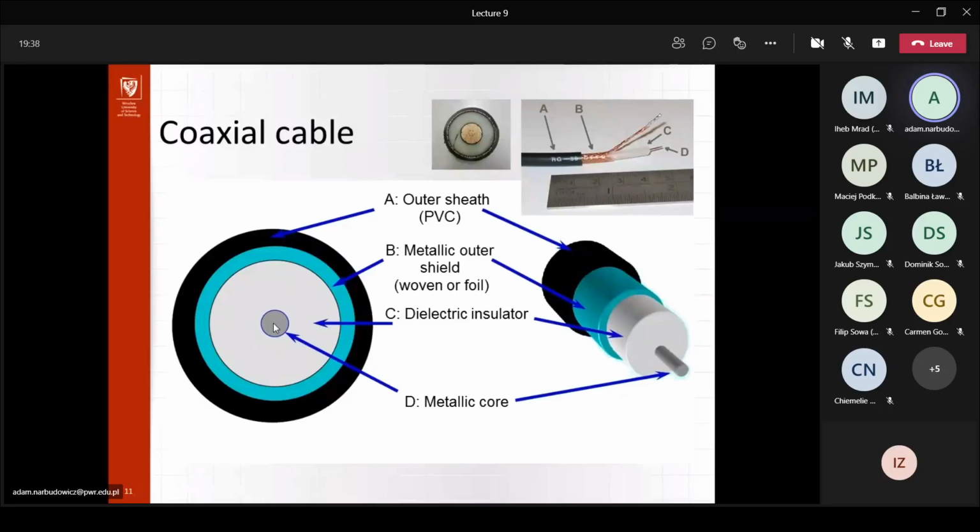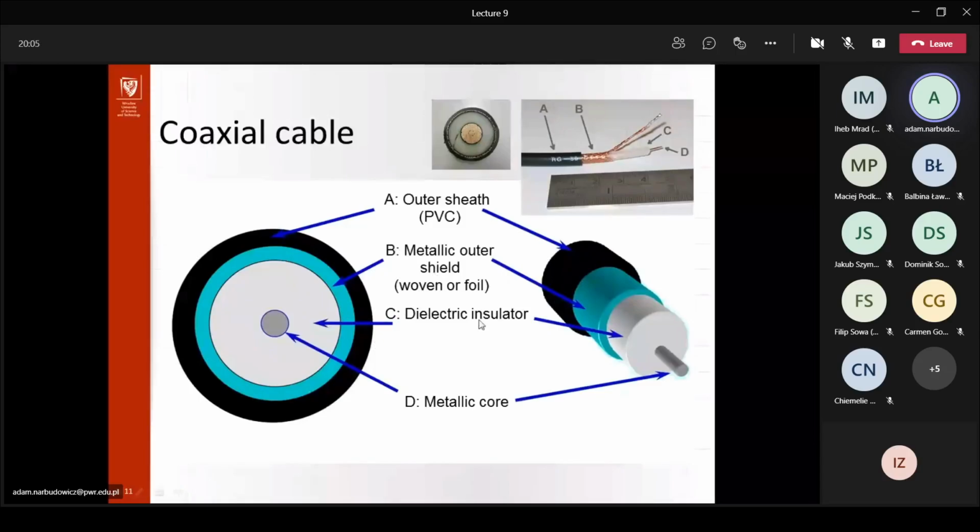Well, there is an important point: in the case of the coaxial cable, you can see that the electric field will be built between the center of the metallic core and the outer layer, right? However, the whole structure, the signal that we are transmitting, is fully surrounded by a conductor, by a metallic shield.